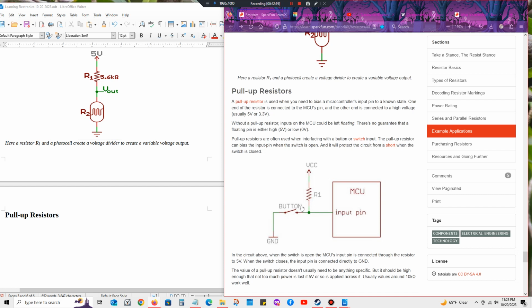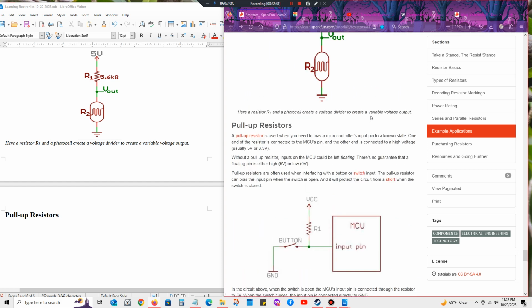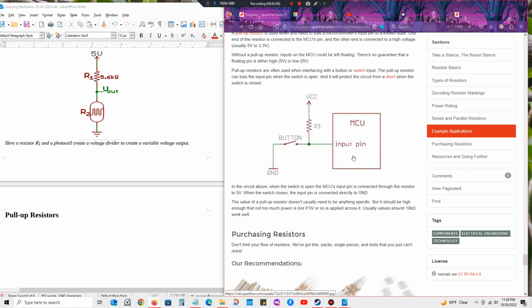So I know that this is a switch. So that's the ground, that's the button, the resistor. I've seen that VCC. But all this stuff is all on the internet, but I like it when it's put in this format.